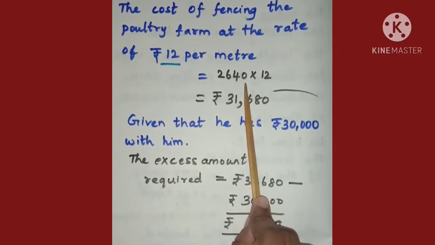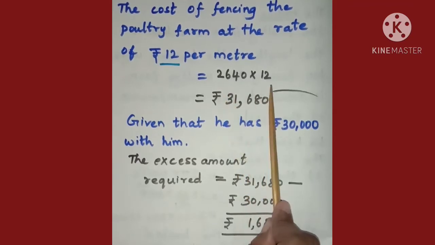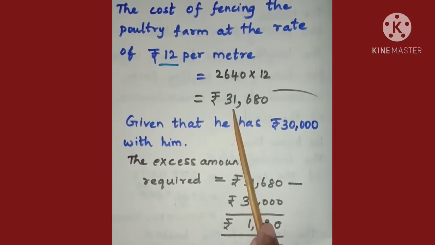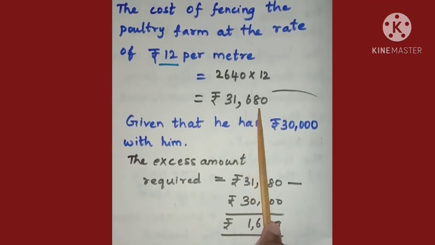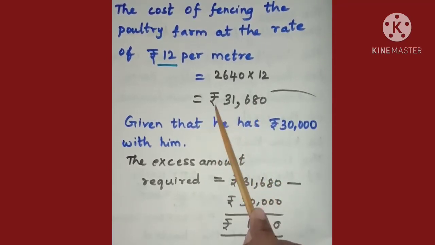We multiply the value with 12, and we get 31,680.